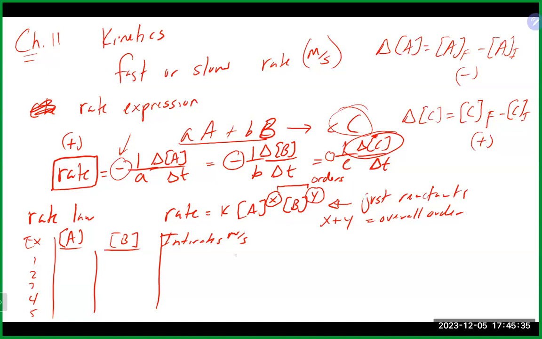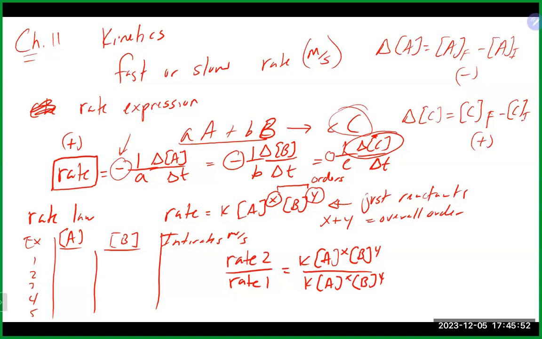Most people find a mathematical approach a good move here, where you take rate 2 over rate 1 equals k[A]^x[B]^y over k[A]^x[B]^y. Once again, it doesn't necessarily mean you take the first and the second entry, but you look for 2 entries where one concentration remains constant.